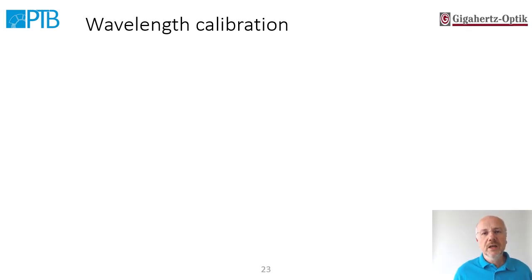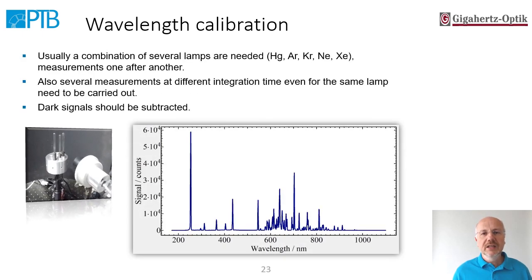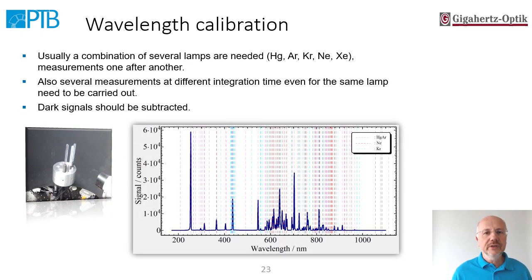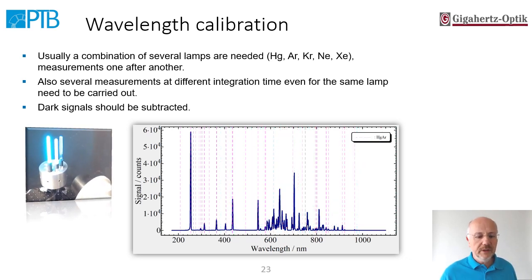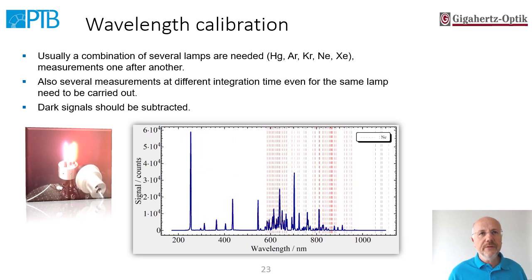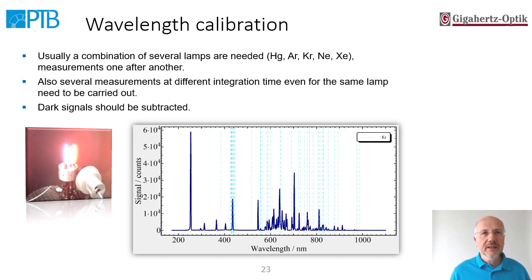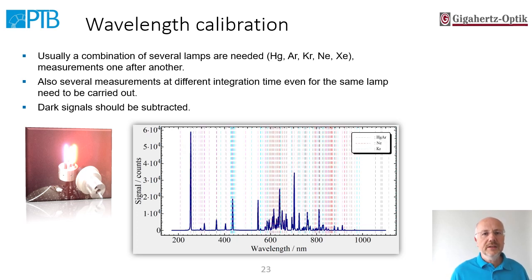So let's see how we can perform a wavelength calibration using different lamps with atomic lines. You may need several different lamps because you want to cover the whole spectrum of your instrument. So for example, here we have lamps like mercury, argon, neon and xenon or krypton to calibrate the system. And you can do measurements at several integration times, and you should always subtract dark current.